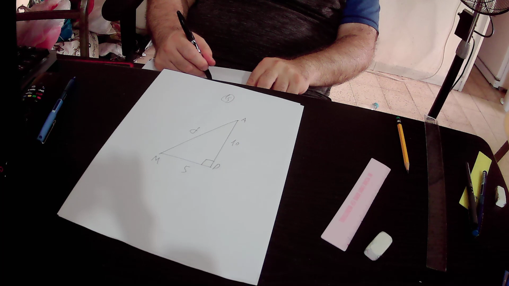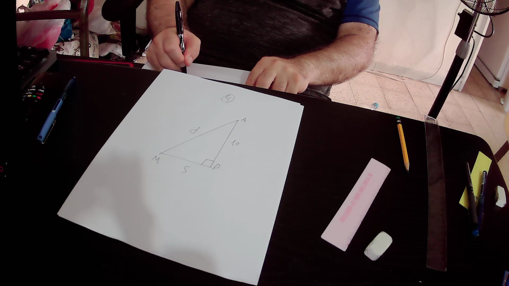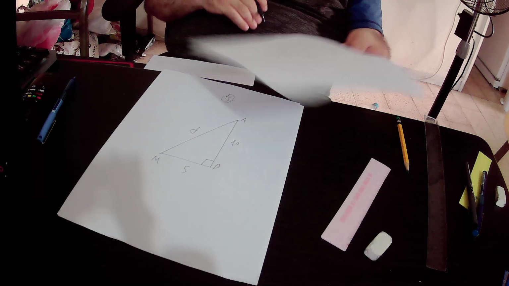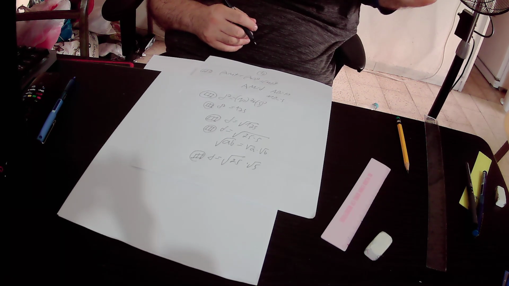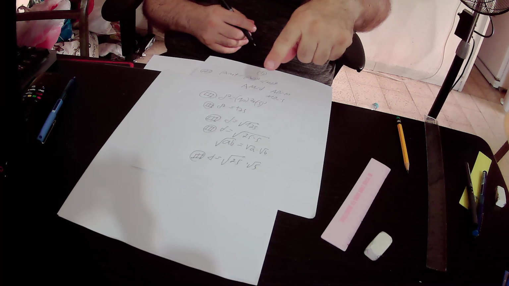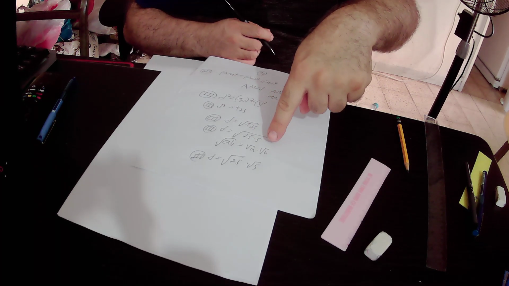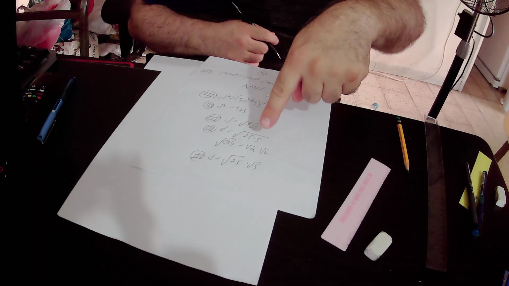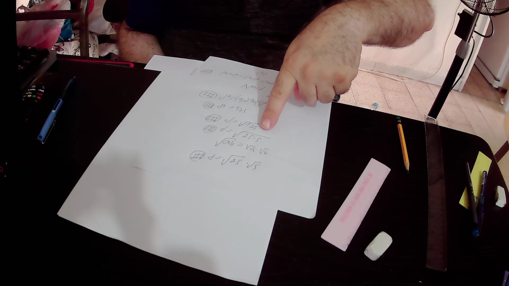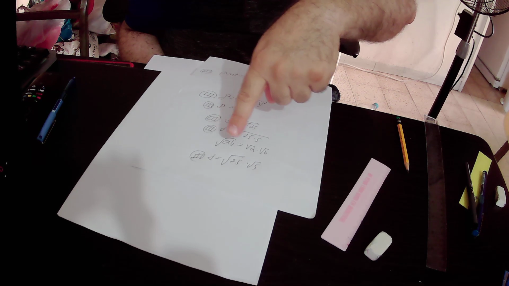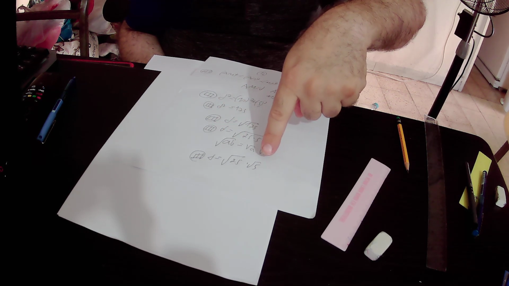So we can write that D equals root 25 times root 5. According to the rule that the root of AB equals root A times root B, the root of 25 times 5 equals root 25 times root 5.